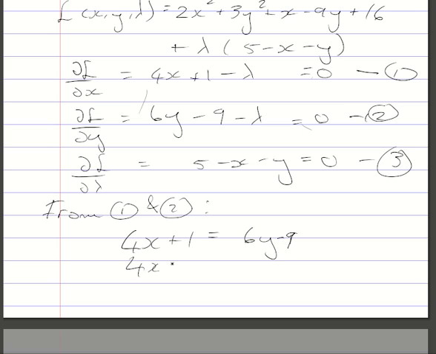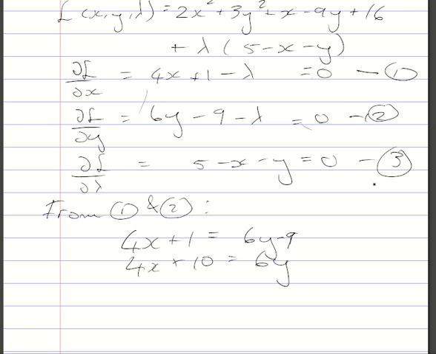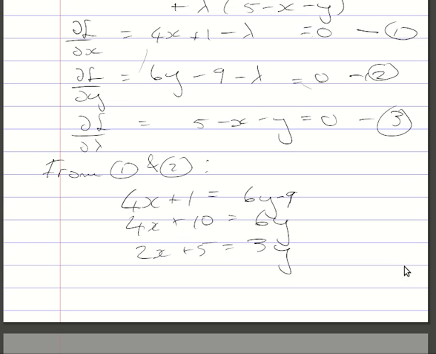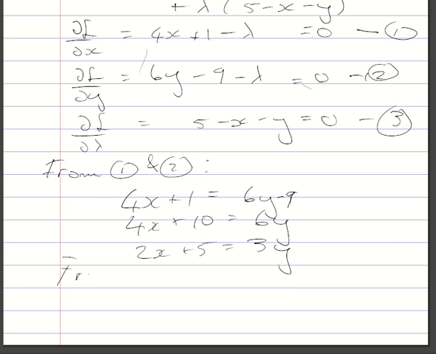So we can easily solve for x in terms of y, and what does this give us? 4x plus 10 is equal to 6y, so we can divide by 2, make it easier, so 2x plus 5 is equal to 3y. But we also have the other equation to work with. So from 3, we know that y is equal to 5 minus x.